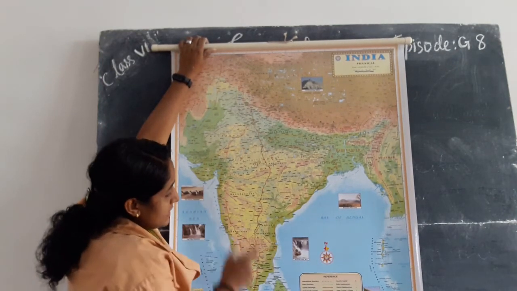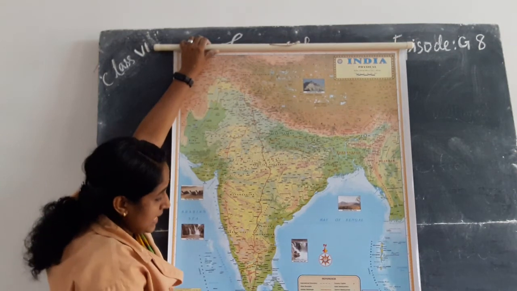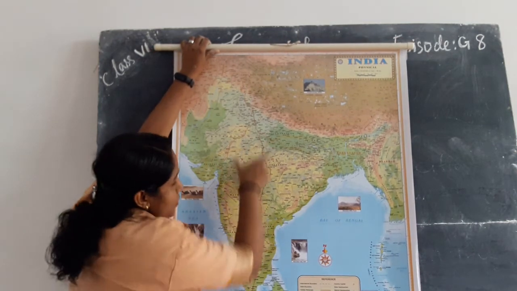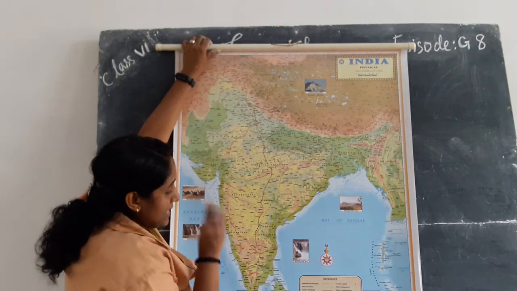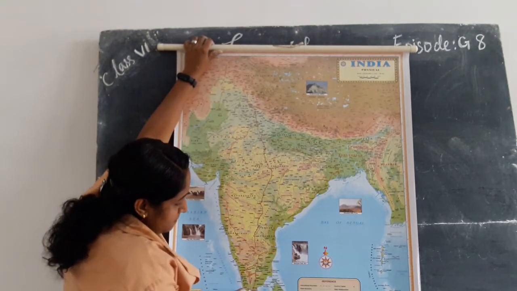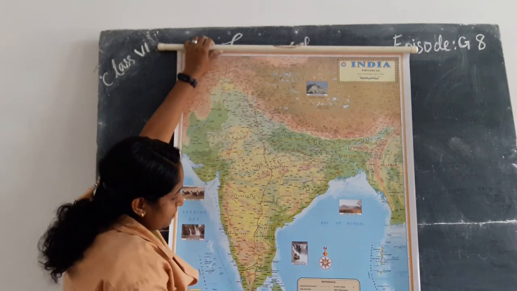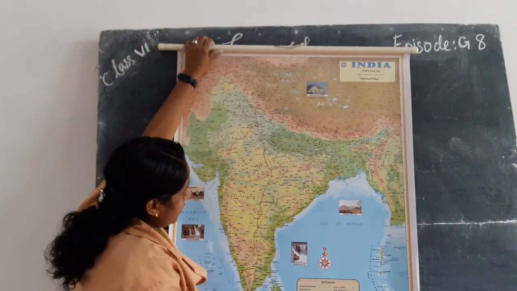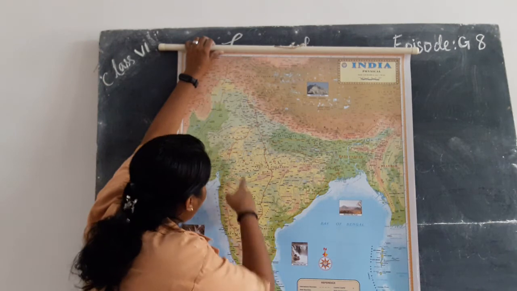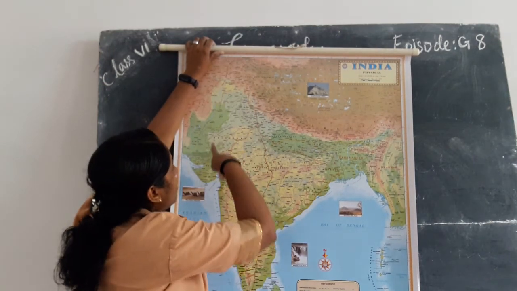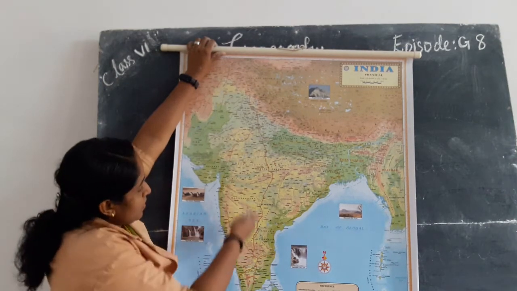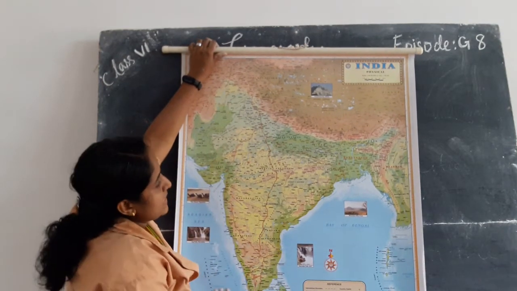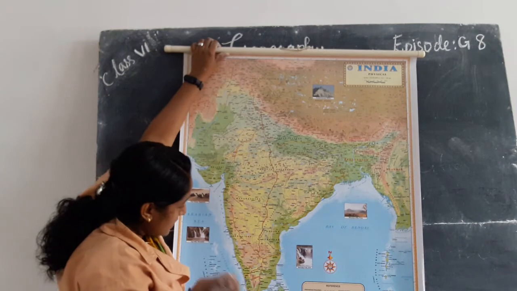In this map we can see our country India, the states, and the main cities like Trivandrum, Chennai, Bangalore, Agra and Delhi, and even small towns.